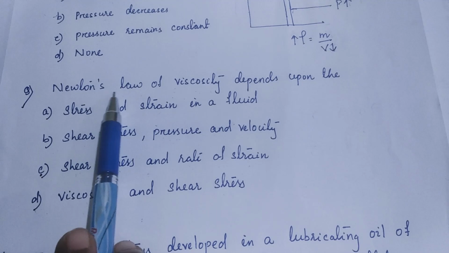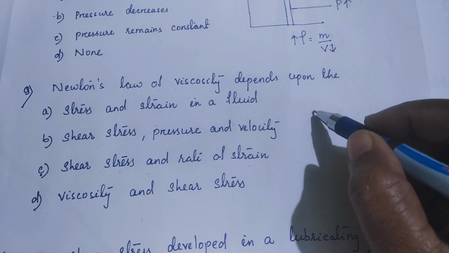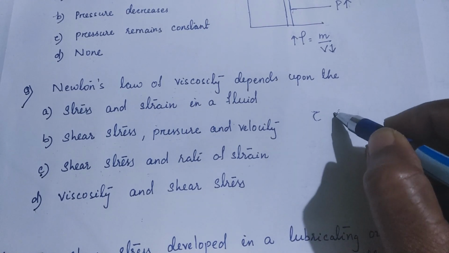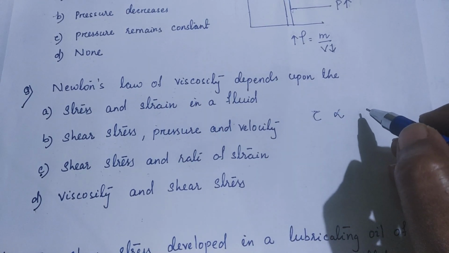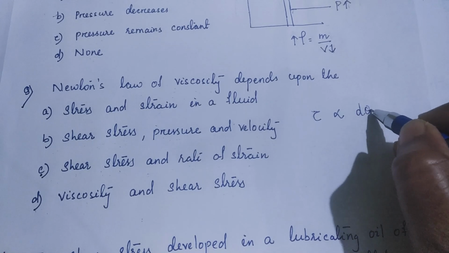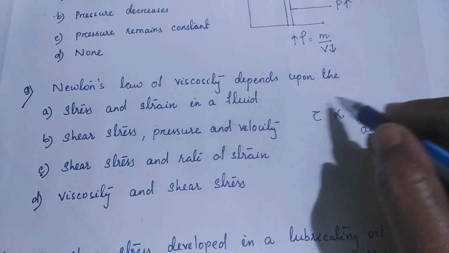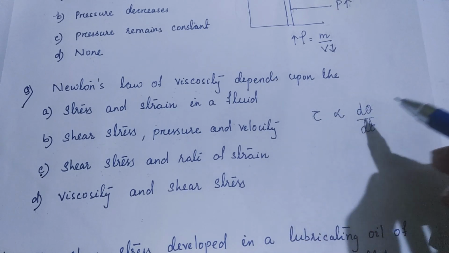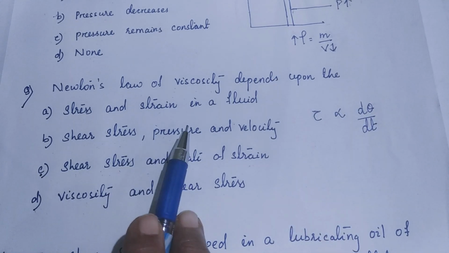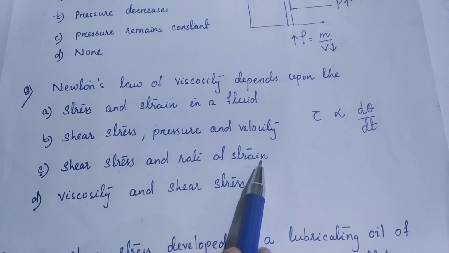So Newton's law of viscosity states that shear stress on a fluid, that is tau, is proportional to rate of shear strain or rate of deformation, that is d theta by dt. So from this expression we can see clearly that Newton's law of viscosity is dependent on shear stress and rate of strain.